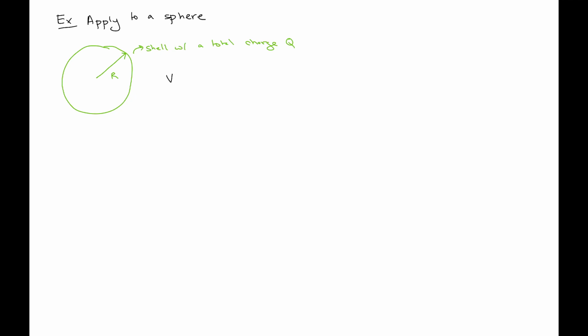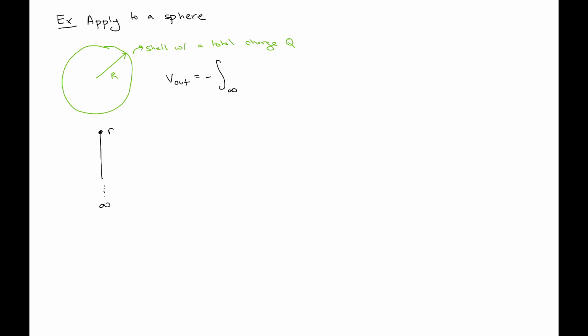Let's calculate what the potential is the old-fashioned way. So the potential on the outside of this sphere, if I pick a point here and call it R, I've got to calculate a potential that goes all the way from infinity, this is my start point, all the way to this point R. That's how I'm going to calculate the potential from the electric field.